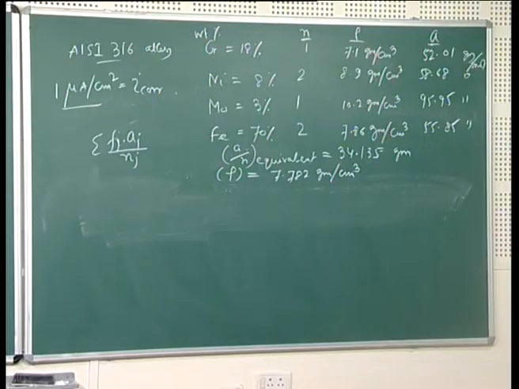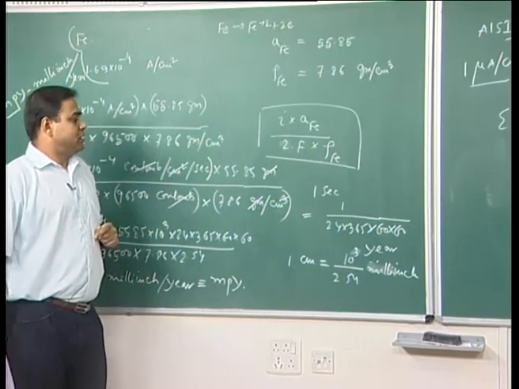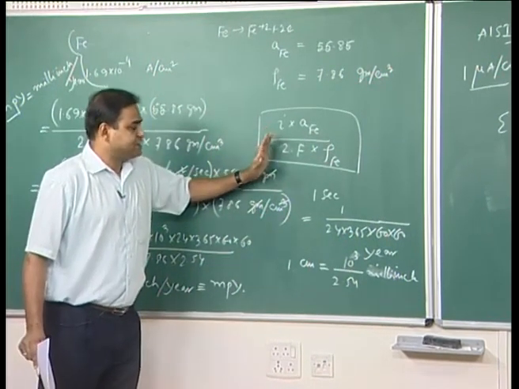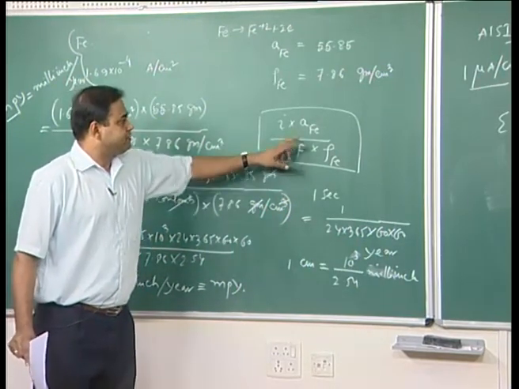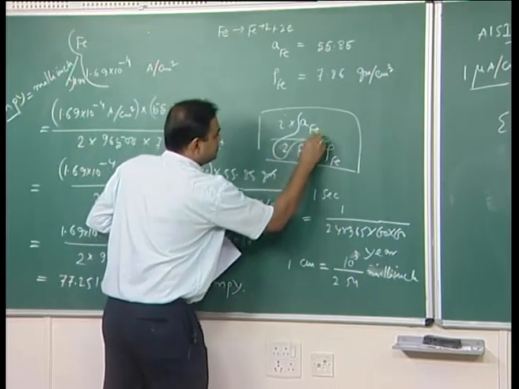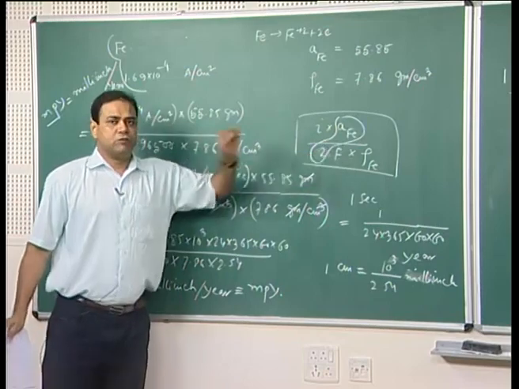Now, we know that in case of pure metal, this is my formula to have the corrosion rate expression in the form of length by time. Now, in this case I have taken A by n. If you take this ratio, it is nothing but the gram equivalent.